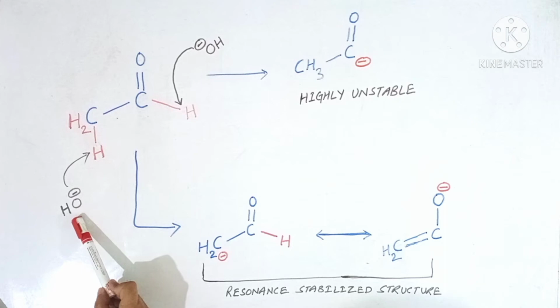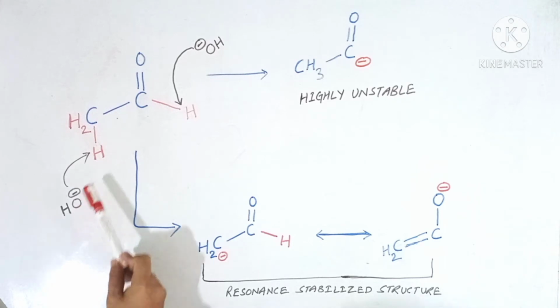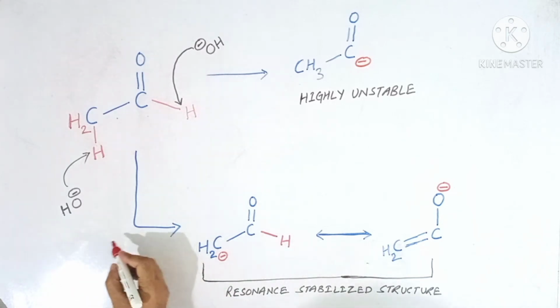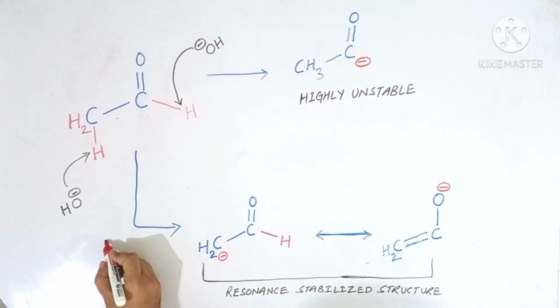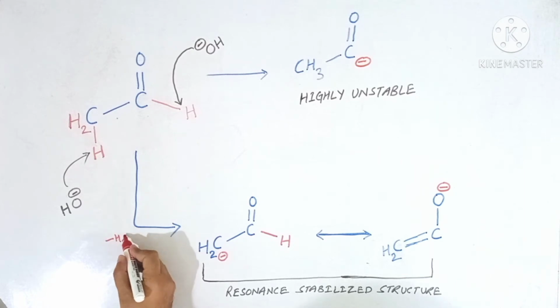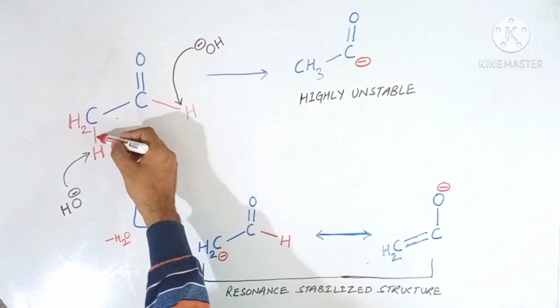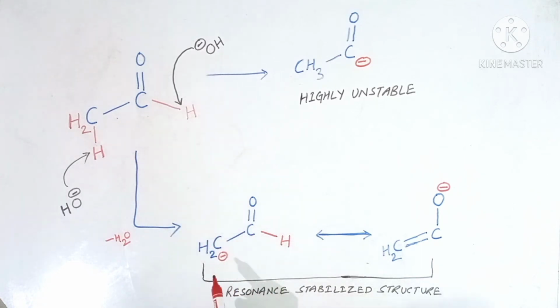So here is your base or nucleophile, the hydroxide ion. If it reacts with this hydroxide ion, then the hydroxide ion forms a water molecule which is released, and the electrons of this carbon-hydrogen bond reside on the alpha carbon in this manner.